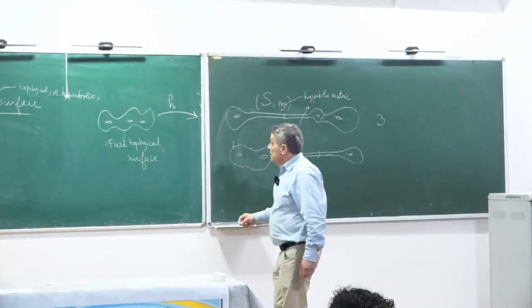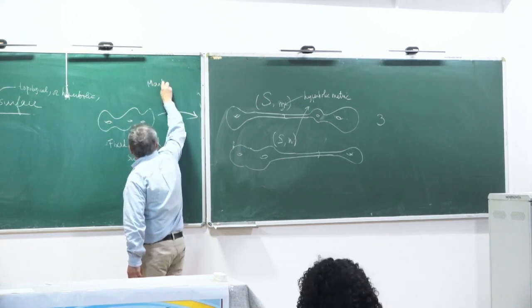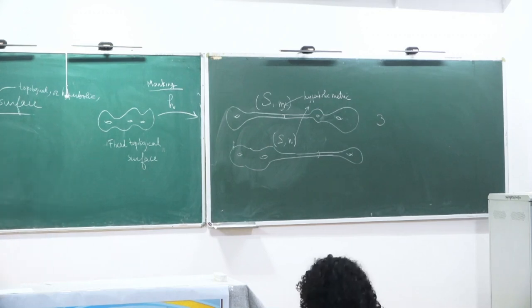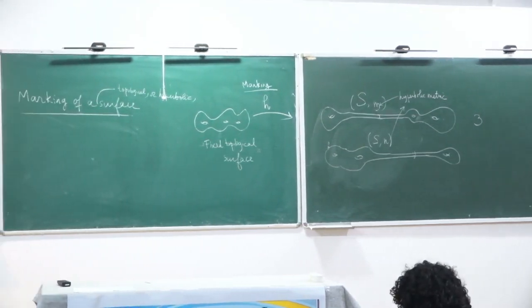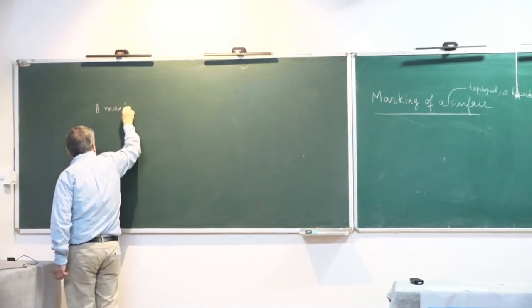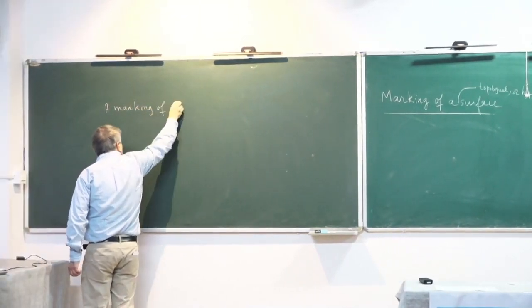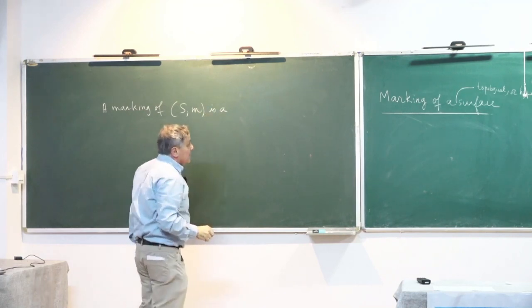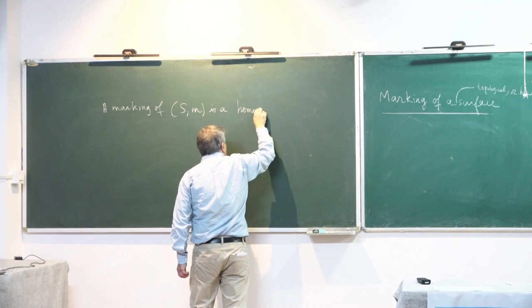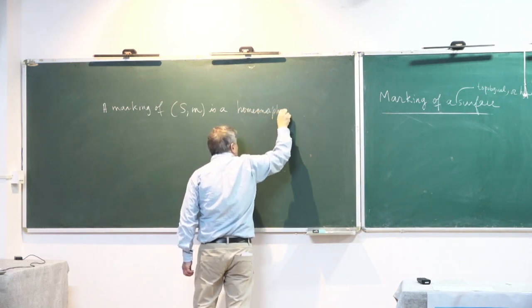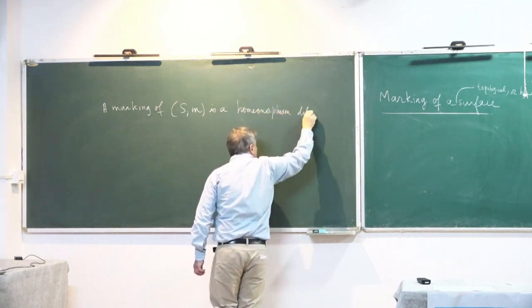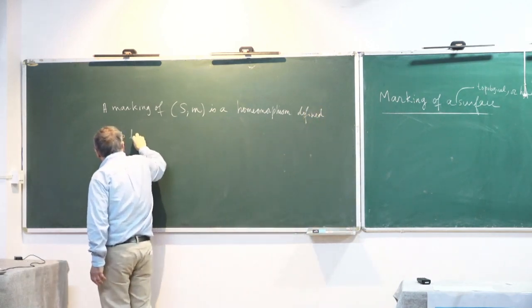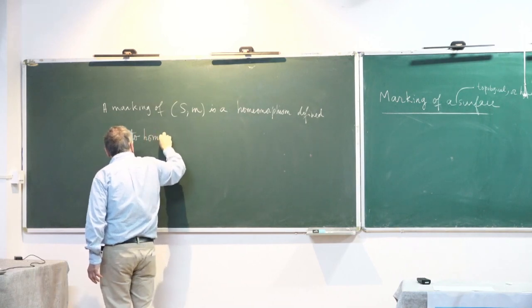What is a marking? This is a marking. Let me try to write a precise formula. A marking of S M is a homeomorphism defined up to homotopy.